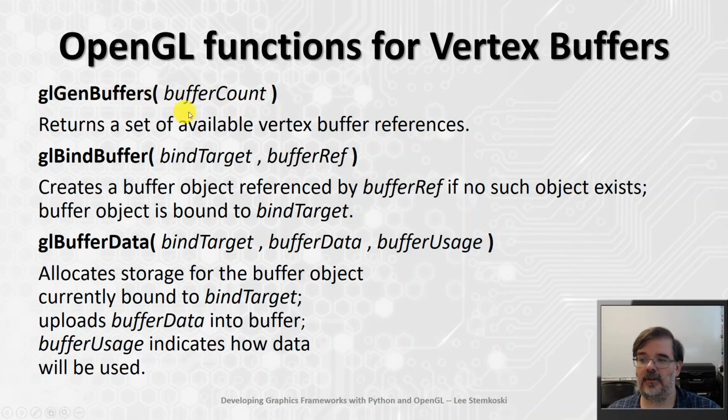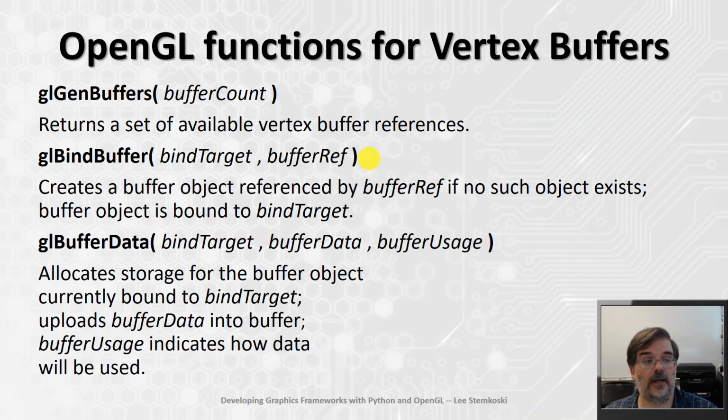The number of buffer names is specified by this variable, buffer count. It'll return available buffer names or available buffer references, which you can use for creating buffers. So this will give you some ID numbers, you can think of them as. It'll return some integers.